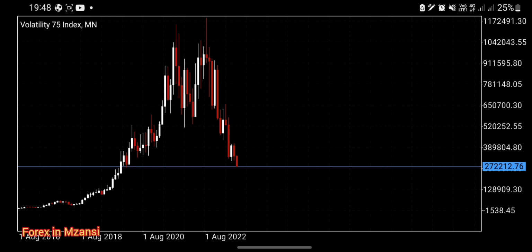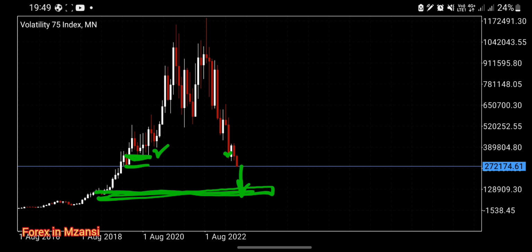The support is not fresh. That's the negative thing, because it was formed on this side and it was tested here, and we tried to touch it again. So you can see it has been tested before, so it's not fresh. It might fail. Now if it fails, meaning if the price breaks it, there is a very huge chance that the price will go for this.